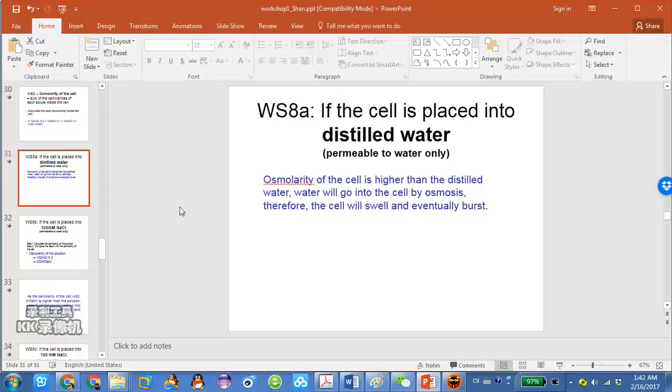And when we want to look at the tonicity, we look at the cell volume change. The cell eventually bursts, so we say the outside solution is hypotonic solution. So the first scenario A is a hypoosmotic and hypotonic solution.